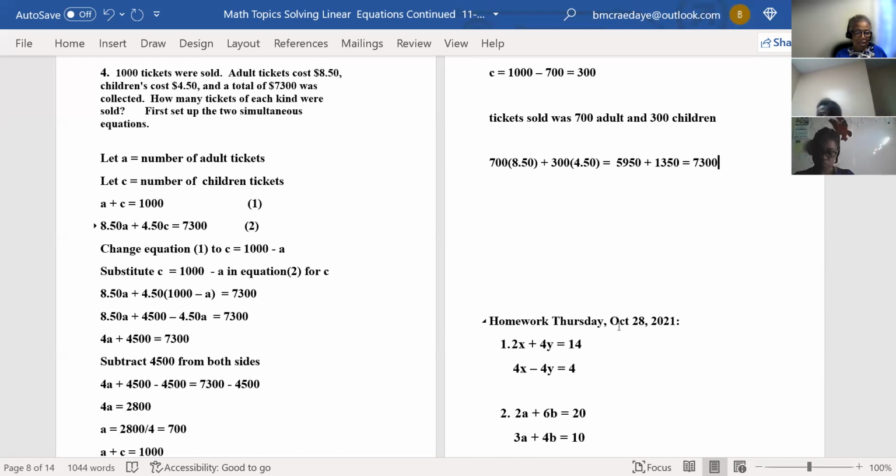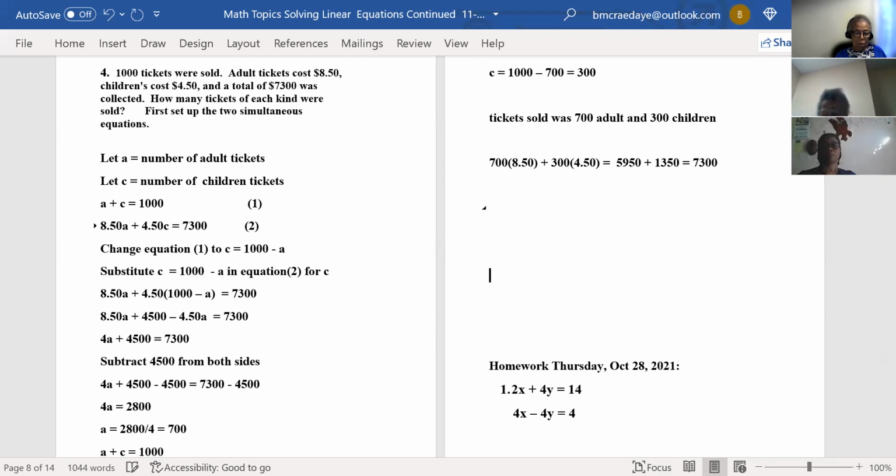Now the homework that I gave you, actually a week ago, but we want to look at it. That second one was incorrect because I didn't give you the same number of variables in both equations. So I changed it to this one. So I want you to first of all do number one.